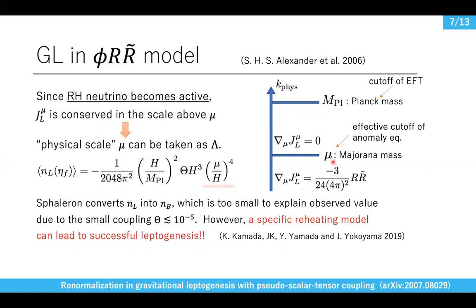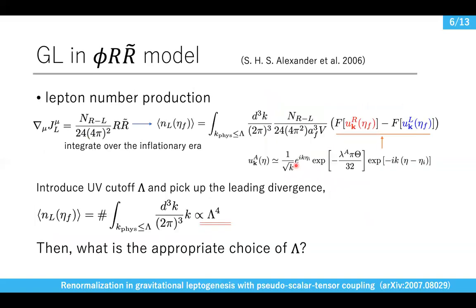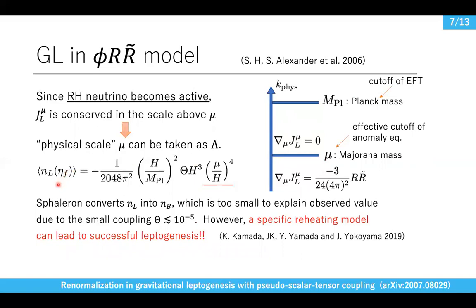However, above mu, the right-handed neutrinos become active, so the right-hand side of this anomaly equation vanishes. So you can say that this mu is an effective cutoff of the anomaly equation. In this sense, you can take this mu as lambda here. So you will find the lepton number density depends on mu to the fourth like this. This is the lepton number density produced in this model.